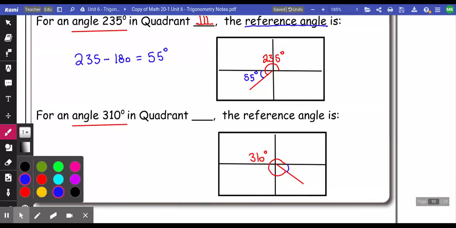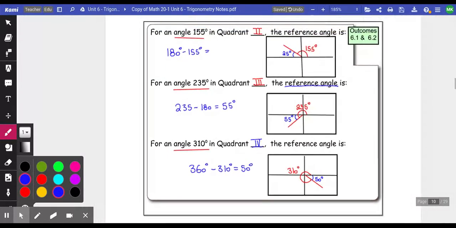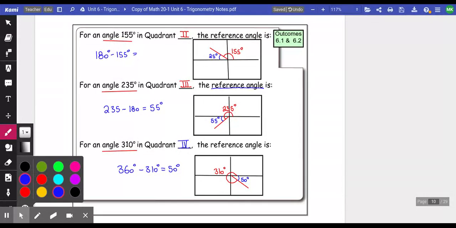To calculate that angle, we would go 360 degrees, which would be a whole circle, and we subtract away the 310 degrees that got us almost all the way there to get the missing chunk, which is 50 degrees. Oh, and that's in quadrant 4. Ta-da! How beautiful is that, hey?